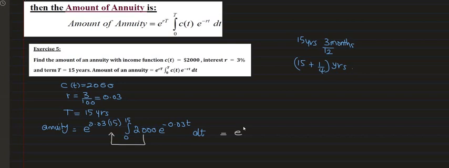So we can carry this 15 times 0.03, which is 0.45, and then multiplied with the 2000 outside the integration, and the integration only carries the exponential, whose integration we have done several times now, and we divide by the coefficient of the t, substitute the t by 15, and then subtract by substituting with 0.